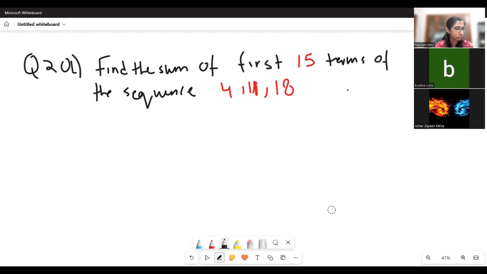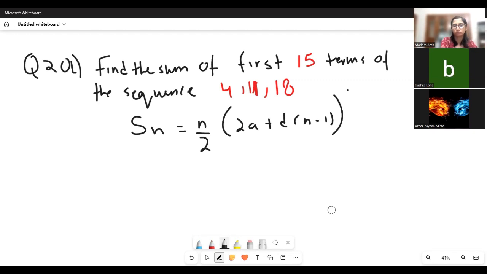Ma'am, the formula S is equal to n by 2 into 2a plus d n minus 1. 795.